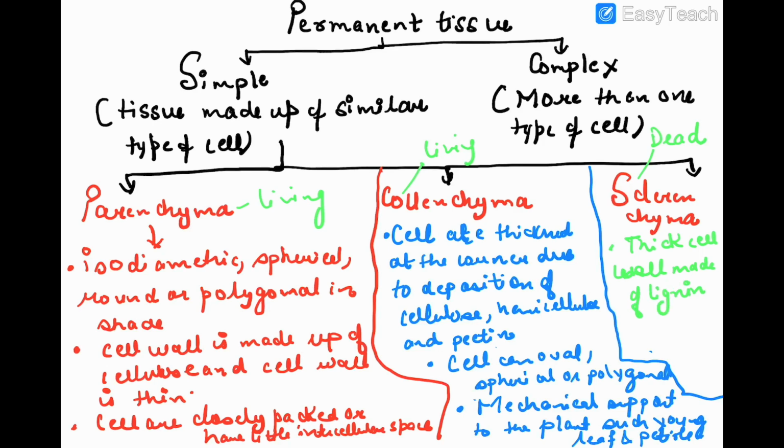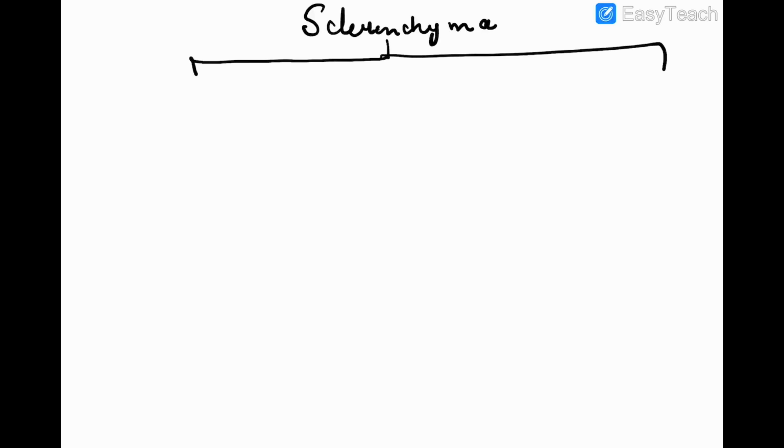So the cell wall is thickened and it is made up of lignin and it is a dead tissue. Now let us look at the types of sclerenchyma. Sclerenchyma is further divided into two types of tissues, that are fibers and sclerids.